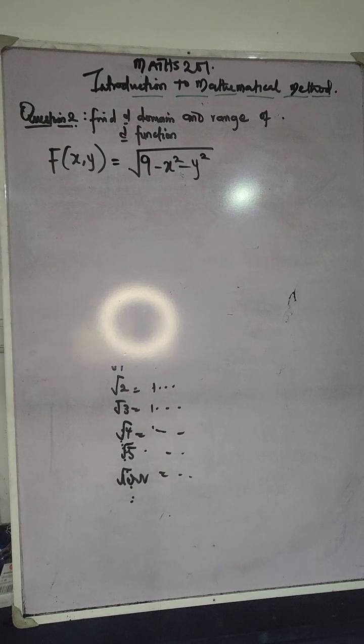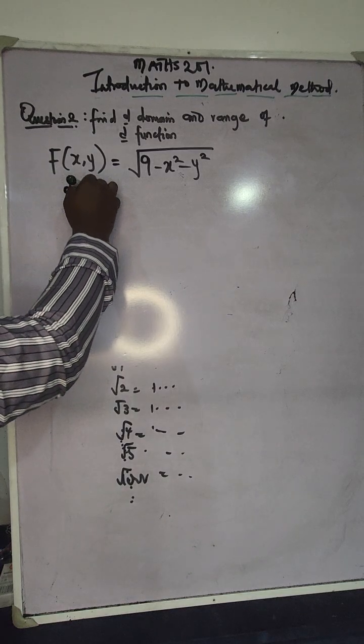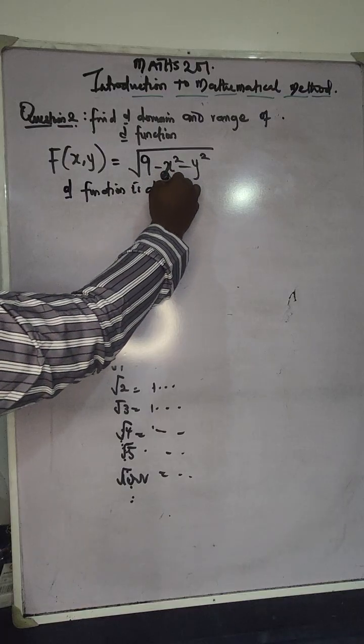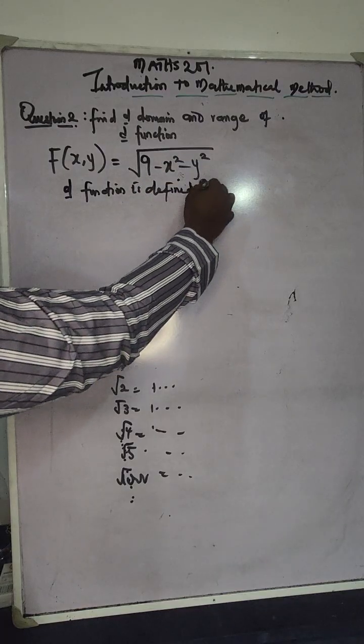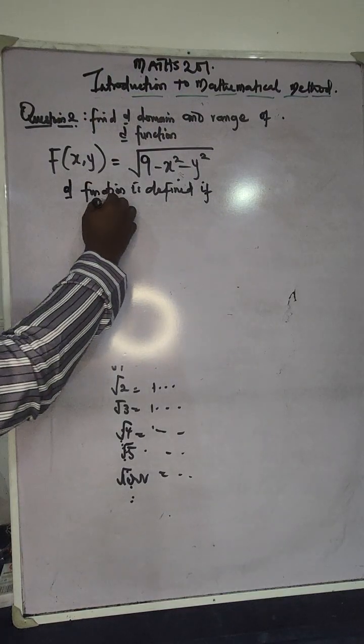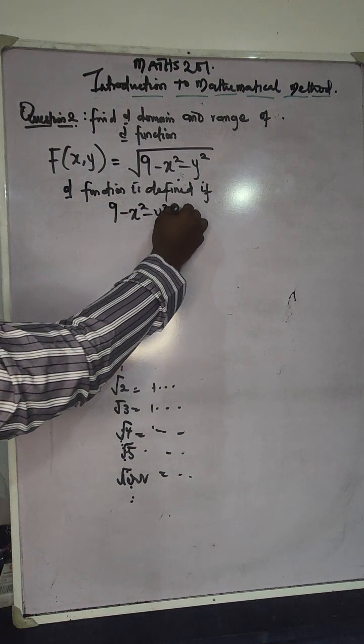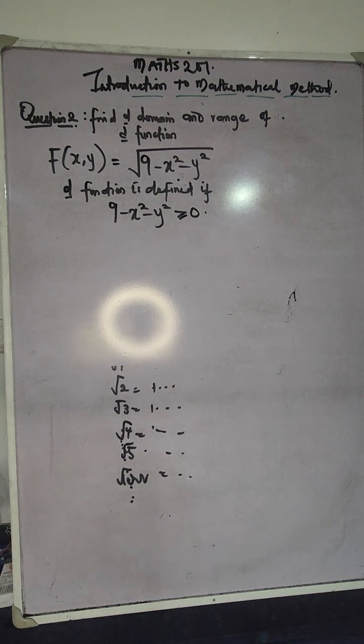So how do we solve this problem? We say the function is defined if and only if 9 minus x squared minus y squared is greater than or equal to 0, since we are dealing with the square roots.